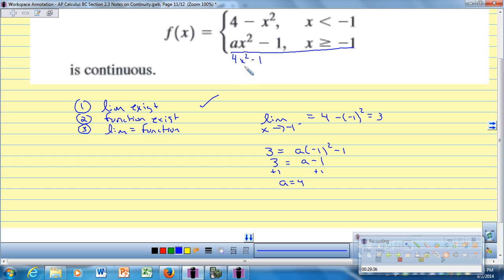So again, we're just plugging negative 1 into 4 times x squared minus 1, that equals 3. So the limit exists, the function exists, and they are equal. So if a equals 4, then f of x is continuous.